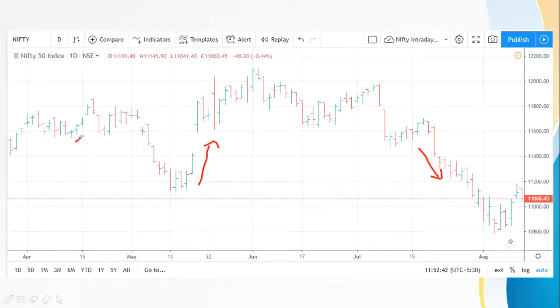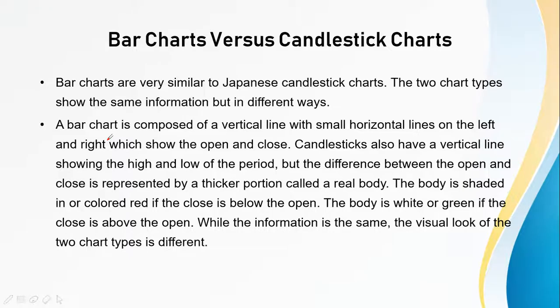So this indicates how the color coded bars might be useful in giving you just an overall view of how the market is trending. That's how the color coded bars give you a quick idea of the trend of the market, the price movement.